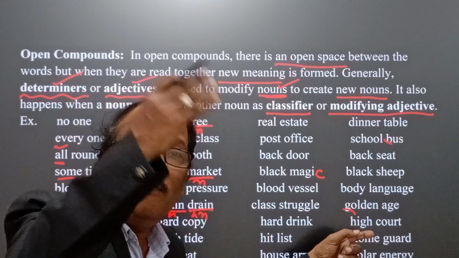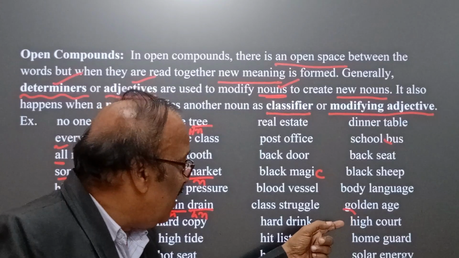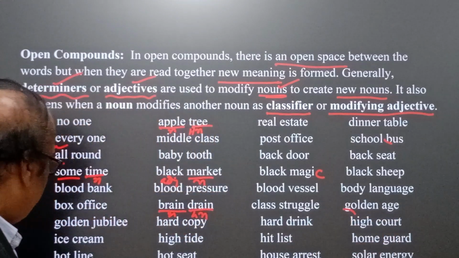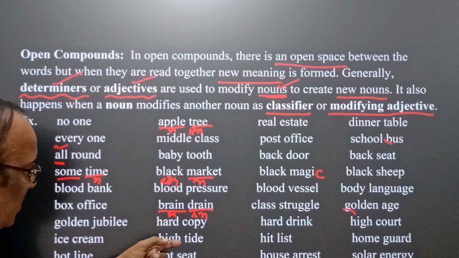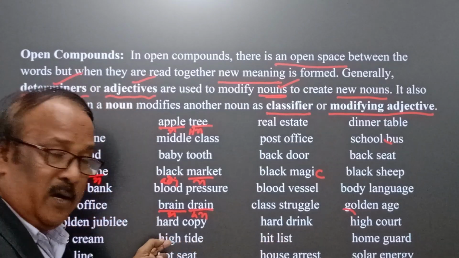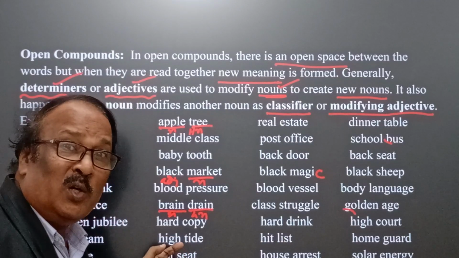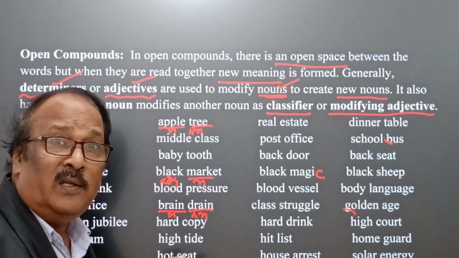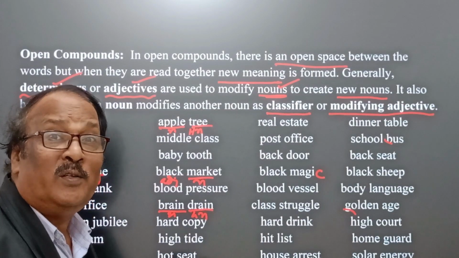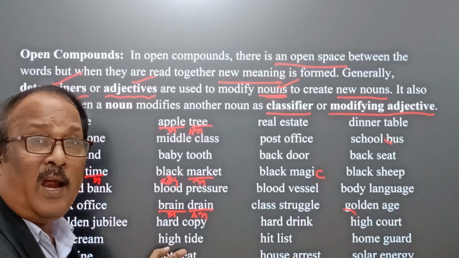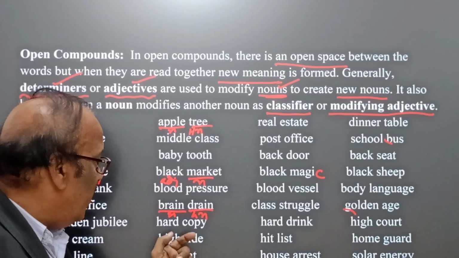In opposite, soft drink. And high court, ice cream, high tide. Don't go to the sea beach because there is every possibility of high tide. Therefore you see high tide: high adjective, tide noun.